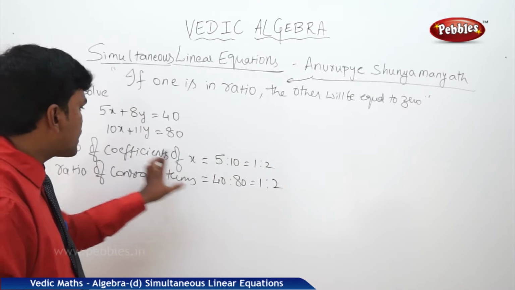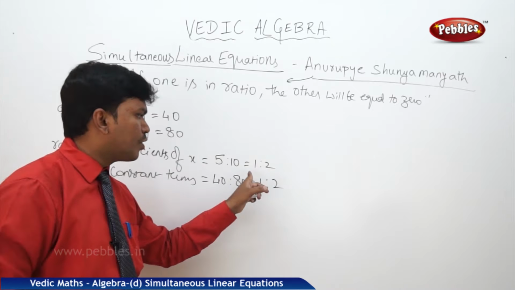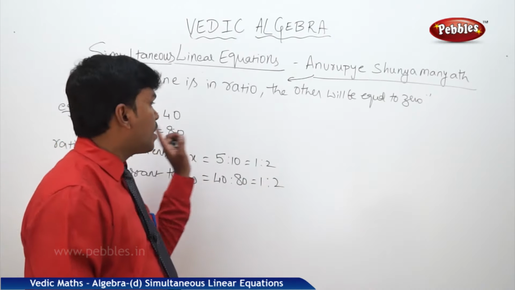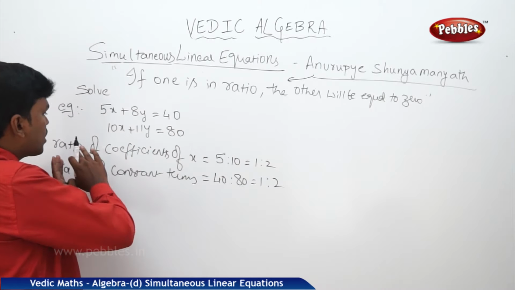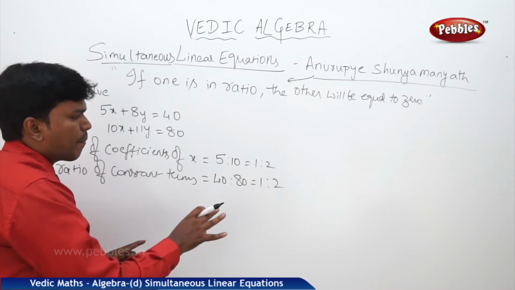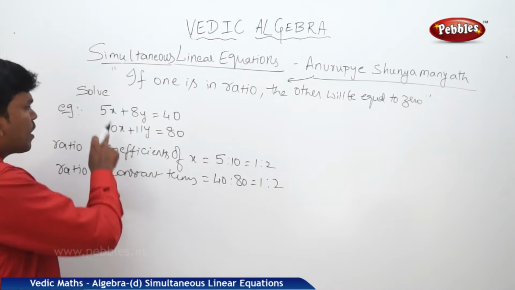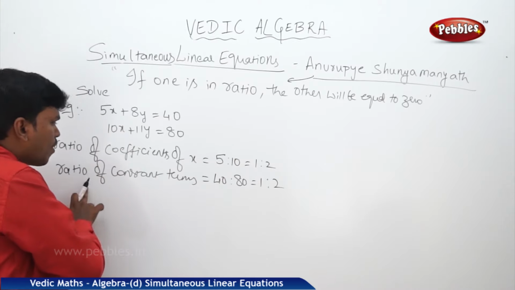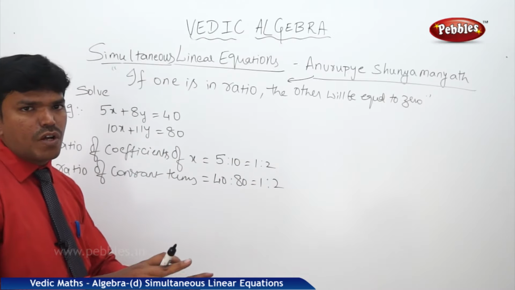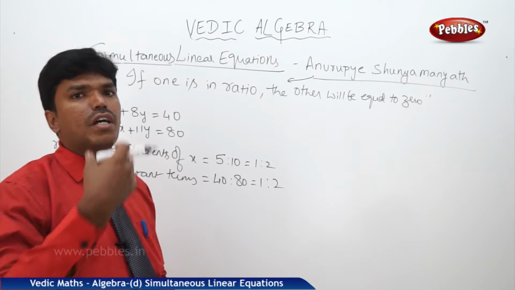So the ratio of coefficients of x as well as the ratio of constant terms, both ratios are the same. Whenever one of the terms, either y or x, is in ratio with the constant terms, as the x term is here, then obviously the other term will become 0.